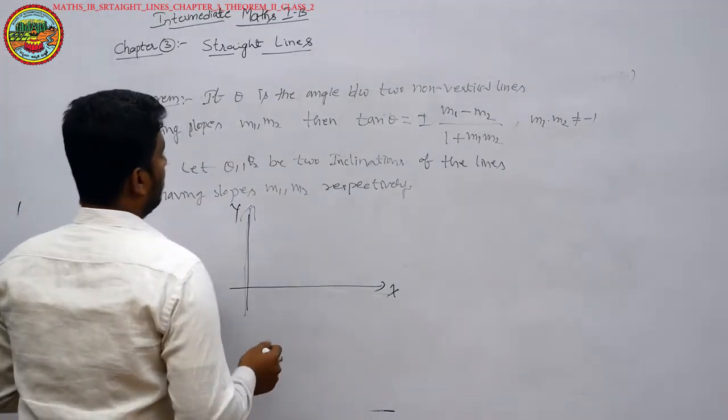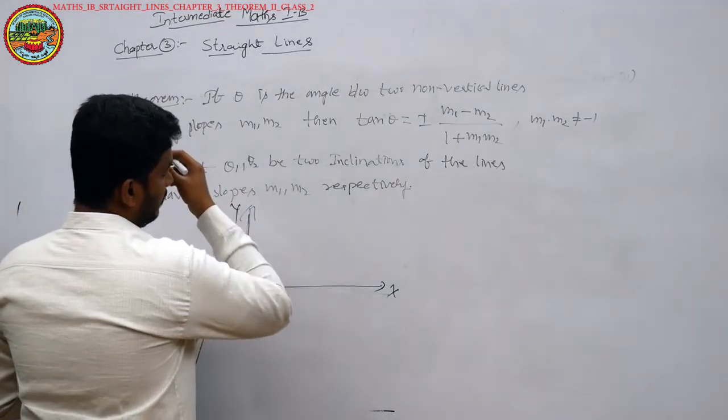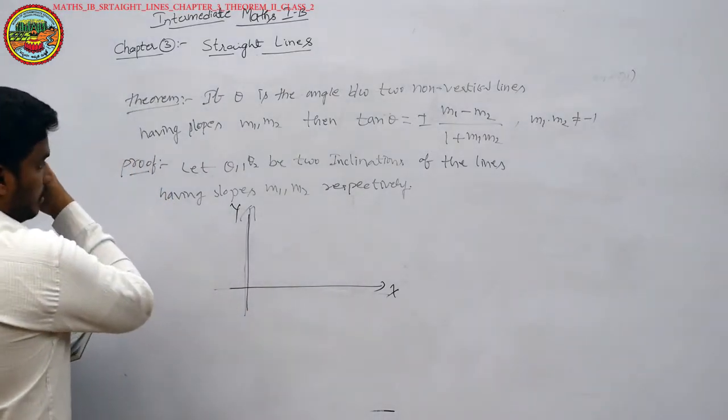So theta is the angle between the two non-vertical lines, okay.